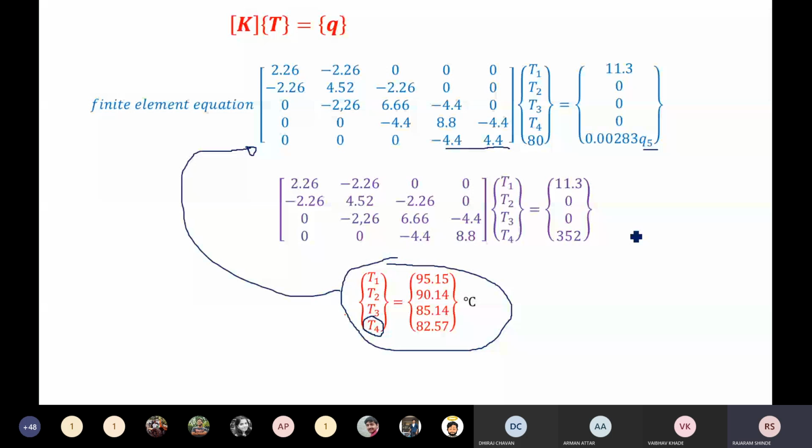Now it is minus 4.4 T4 plus 4.4 into 80, this equal to this term, and you have T4 calculated from this results. Take here and calculate Q5. What is the value of Q5?